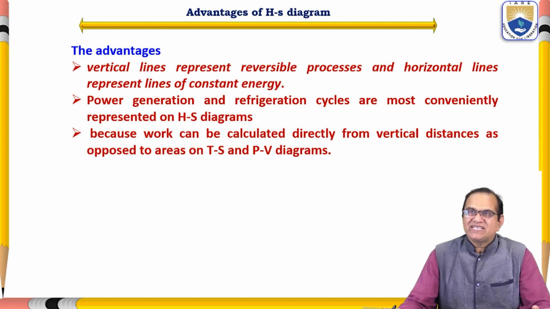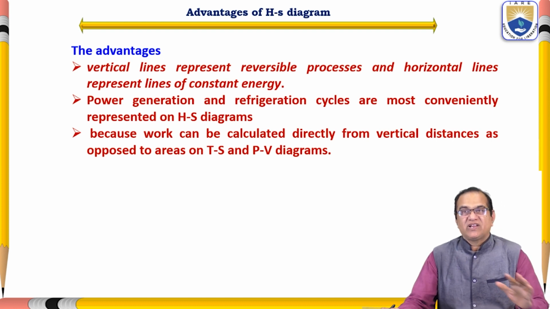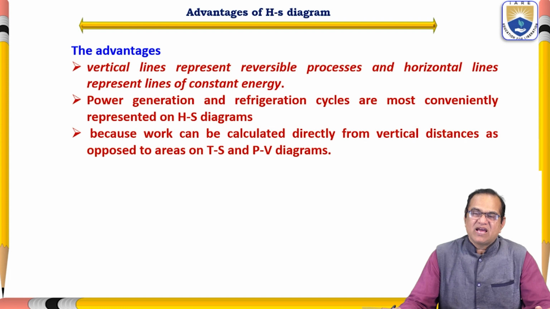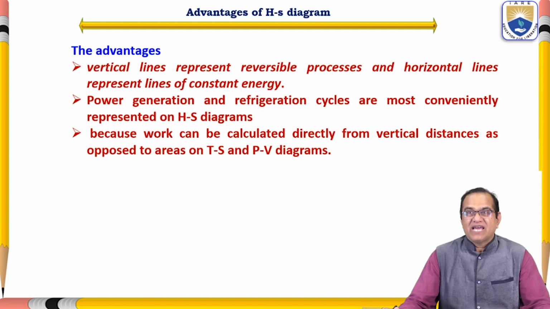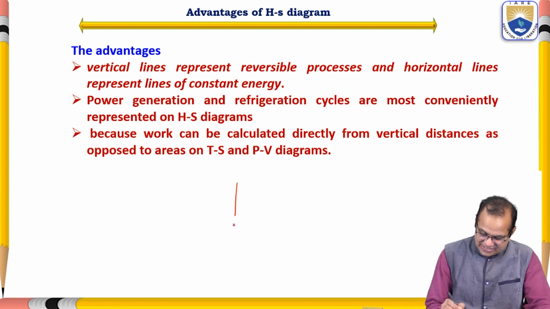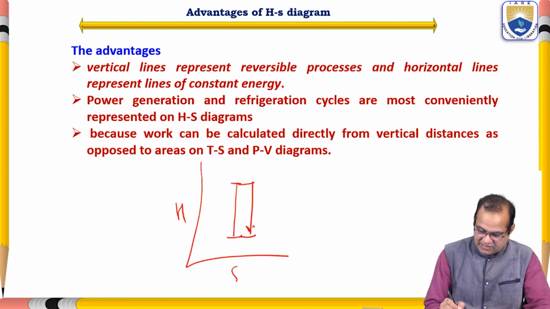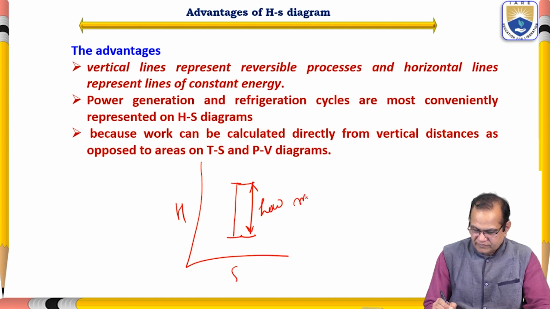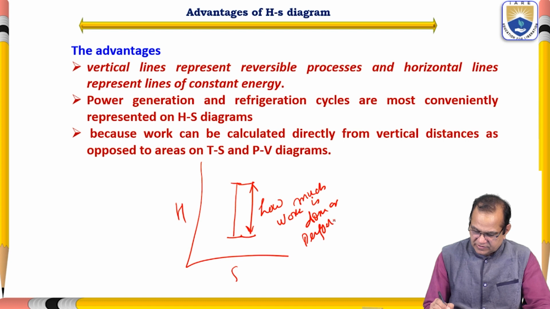Power generation and refrigeration cycles are most conveniently represented on the HS diagram. For refrigeration and power generation, the HS diagram is better to use in place of the PV diagram, because work can be calculated directly from the vertical distance, as opposed to the area on the TS and PV diagrams. Here the vertical distance indicates how much work is done directly.